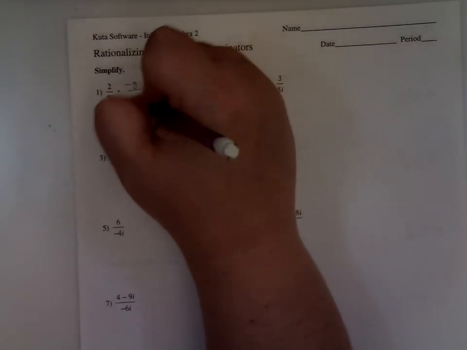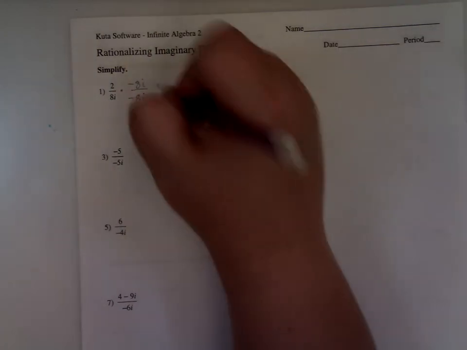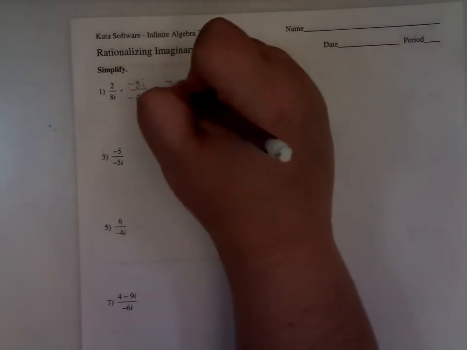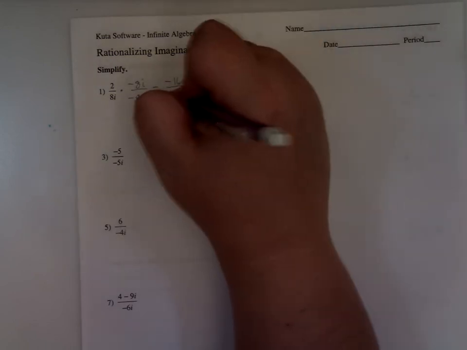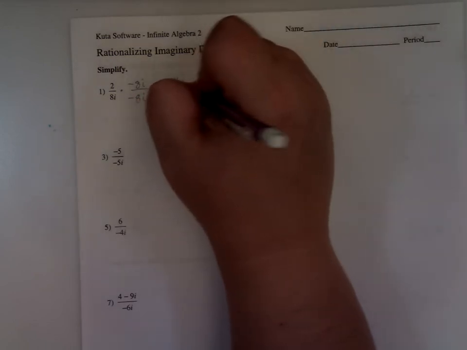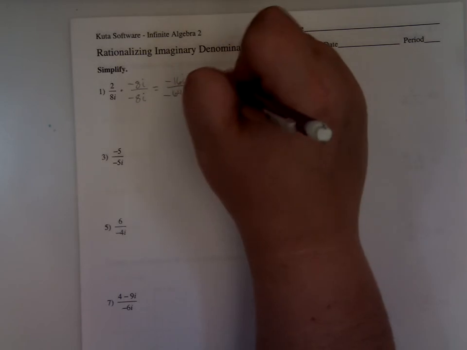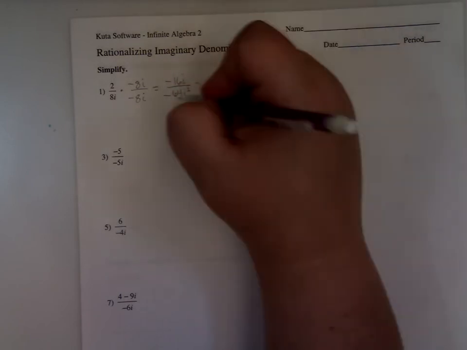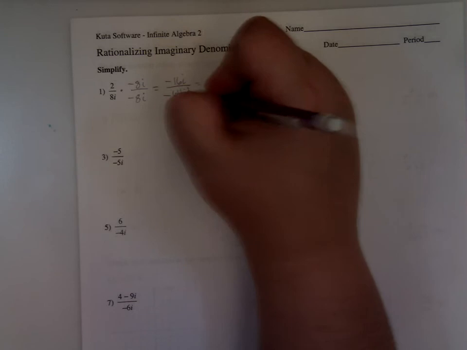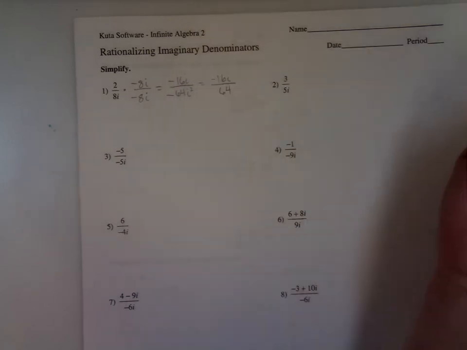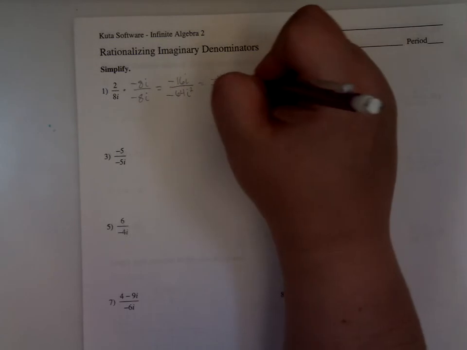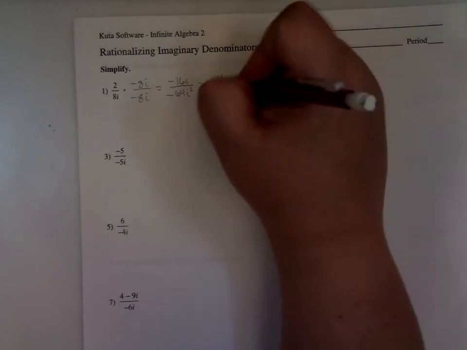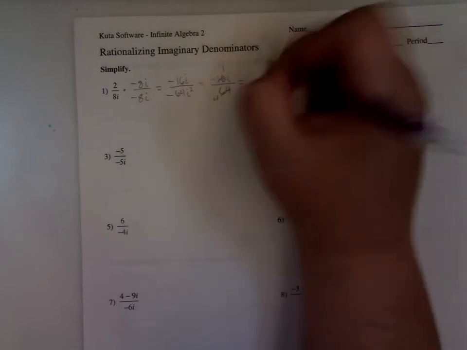So here we've got -16i on top, and on the bottom we've got -64i squared. So we've got -16i over -64 times -1. That's a positive 64. And I guess we could have reduced at the beginning, but I just realized that we could now. So we can reduce by 16. That's a 1 and that's a 4. So we've got -i over 4 as our final answer.